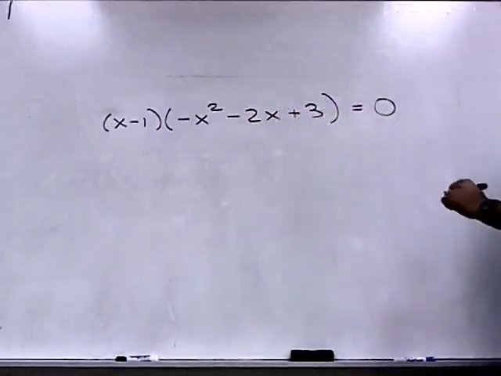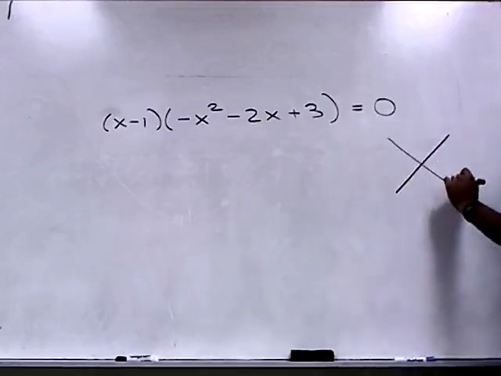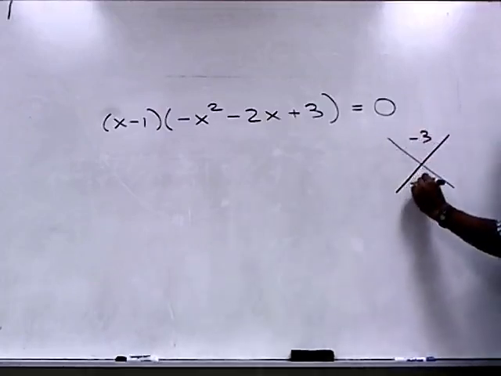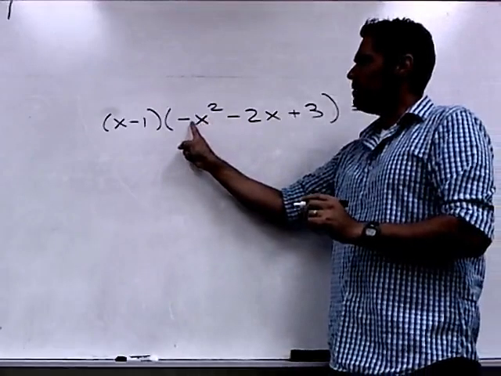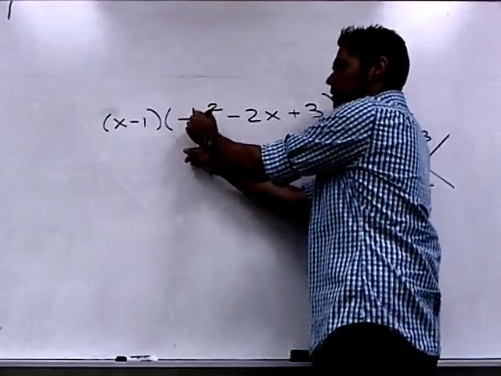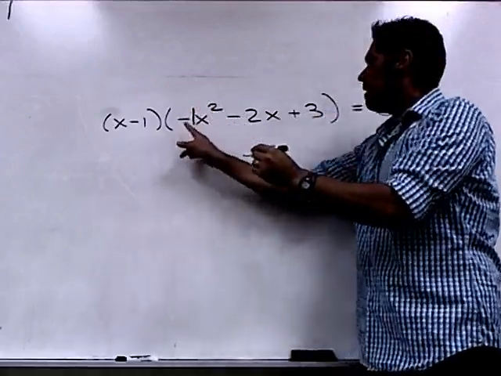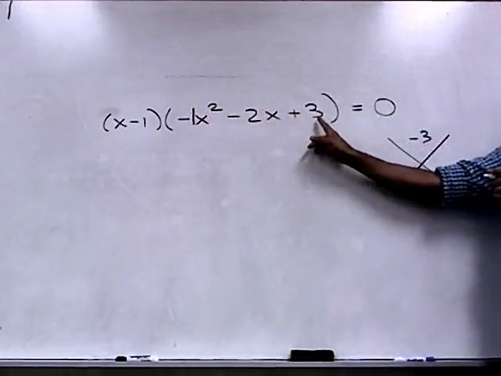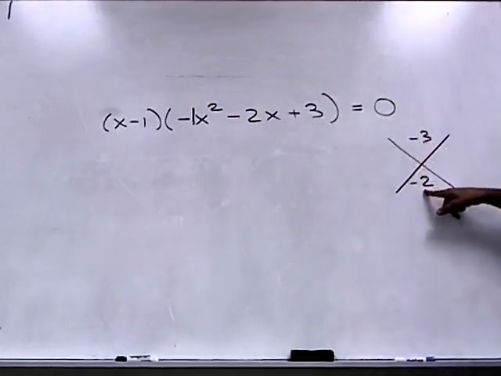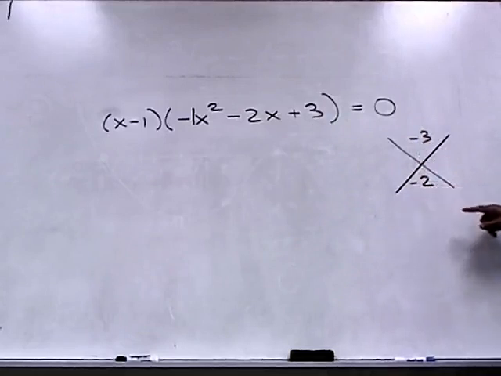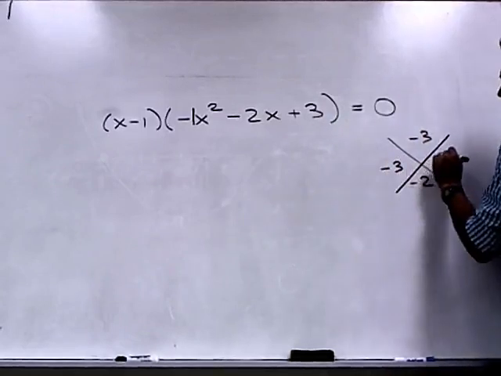Okay, so when you did AC method, you have to have the fact that that's a 1 out here, -1. You have to go -1 times this, right? That would give you -3, and then they must add up to be -2. So the numbers that would work would be -3 and +1.